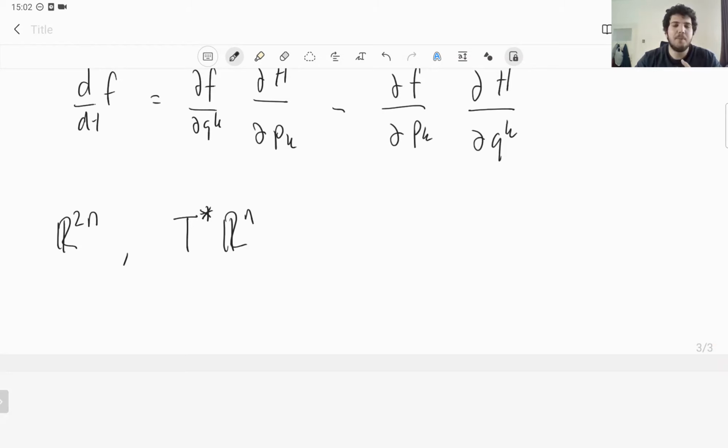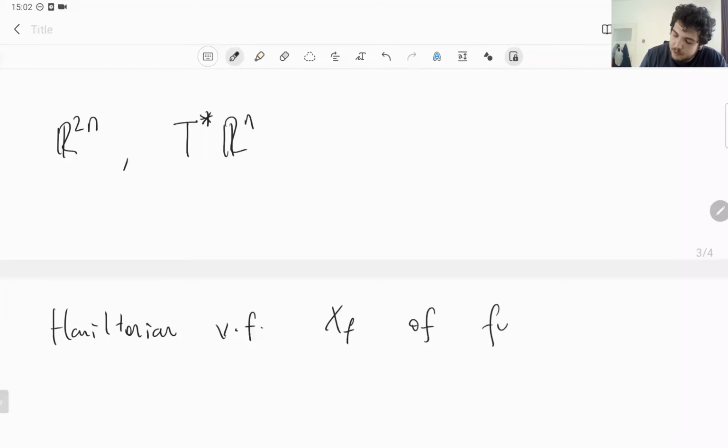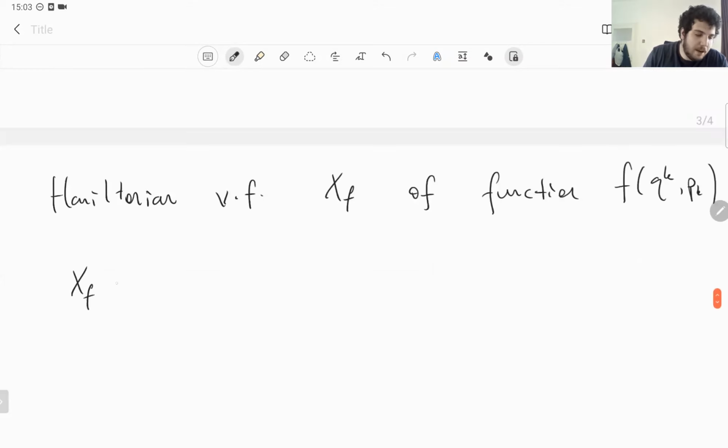Now, as we remember, we had the Hamiltonian vector field xf of a function f, which depends on position and momentum. By our previous definition in the symplectic geometry introduction, we can write xf as the following. Oh, sorry.